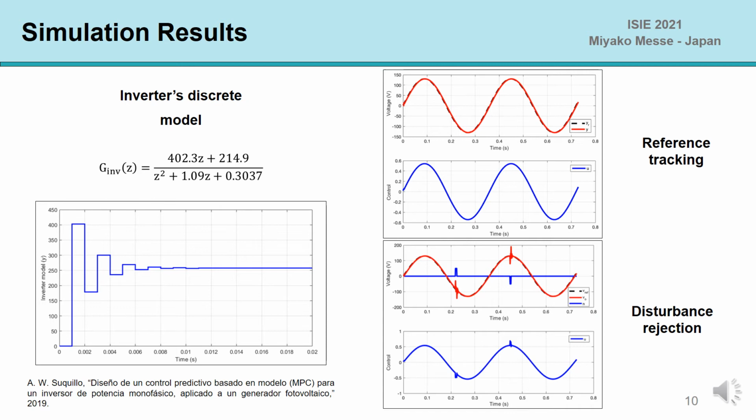First, controller performance was simulated in MATLAB using the discrete model of the inverter and a reference signal with amplitude 130 volts and frequency 60 Hz, obtaining the following results in reference tracking and disturbance rejection.